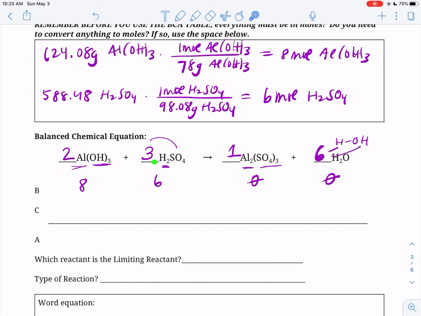So I need more sulfuric acid. And look down here, I don't even have more. Even if the ratios aren't perfect, I don't even have more. And I know 2 to 3, I'm going to have more of this. Okay, so I already know for sure that that's going to be the limiting reactant, because I don't even have more, let alone if the ratio is even right.